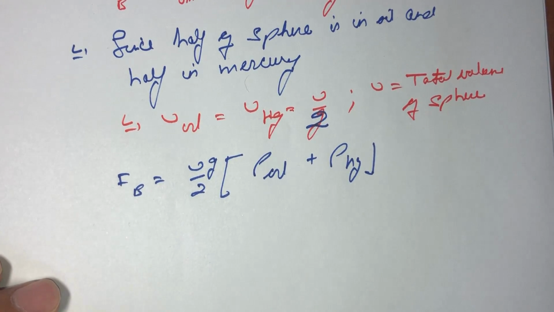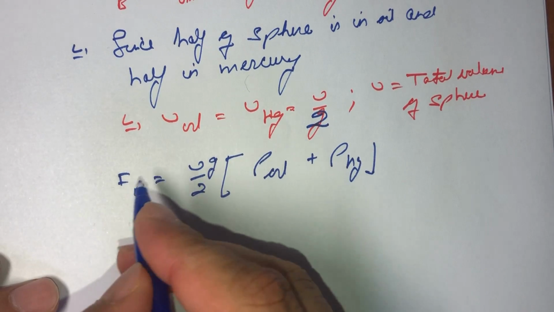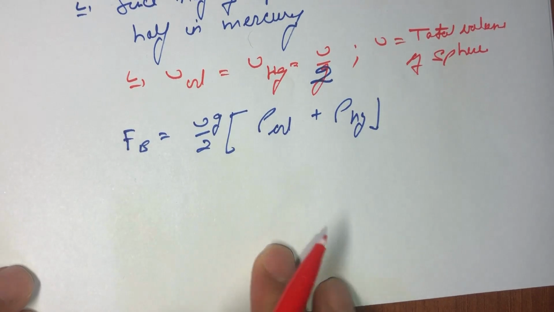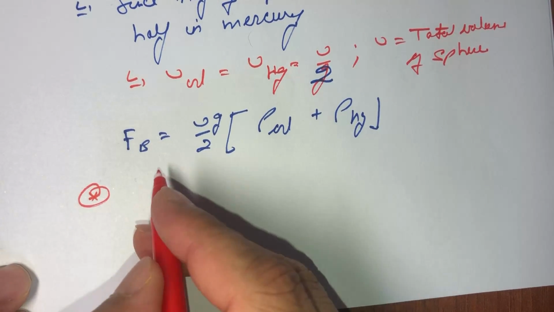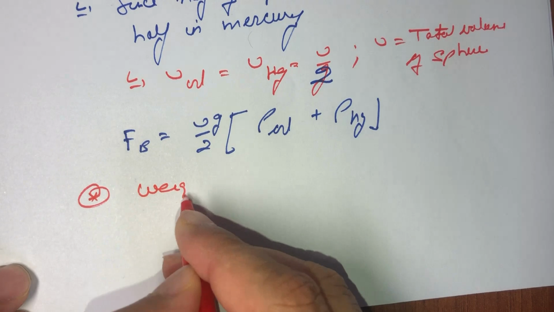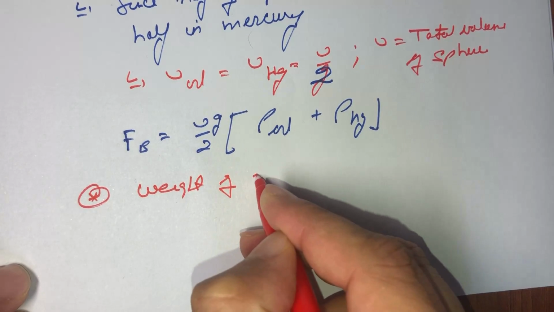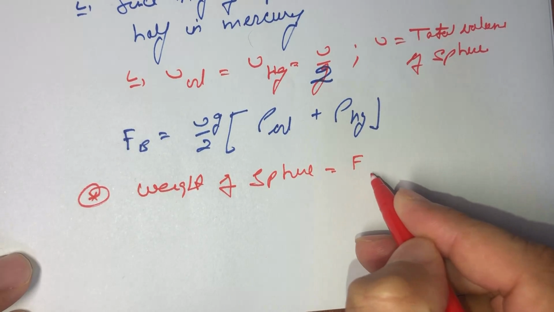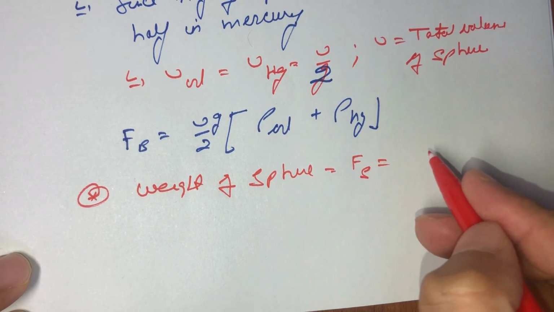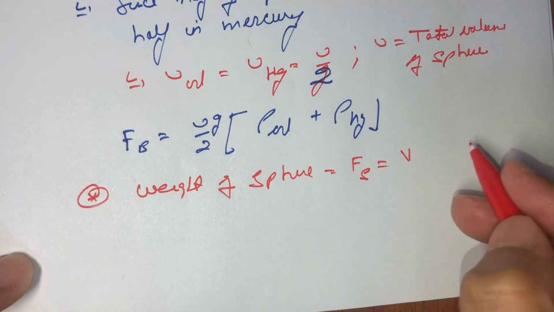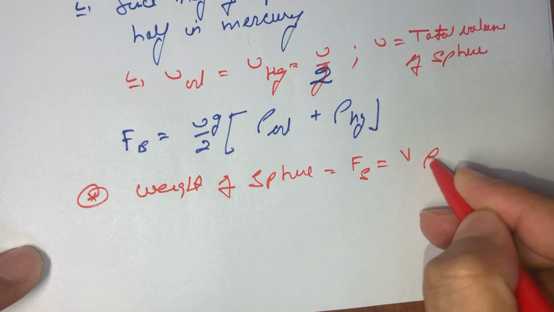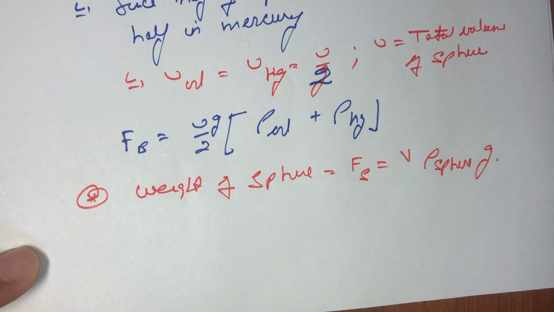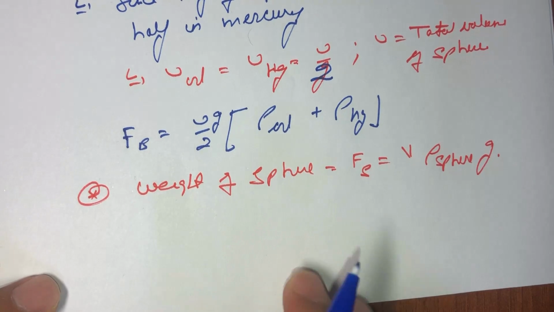And now we are going to find the weight of the sphere. Let us write the weight of sphere as Fs, and we get this as volume of sphere, that is V, times density of sphere, times g.